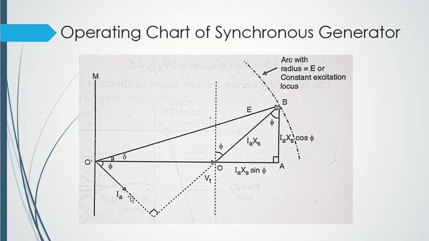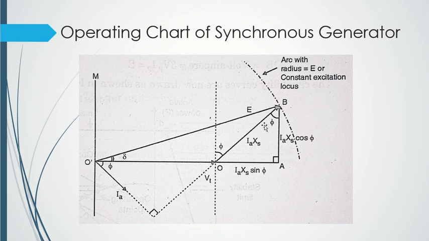So we got the value of Ia into Xs, this vector. And what did we do? We simply put the tail of my Ia Xs vector right in front of the head of my Vt, and this becomes your Ia into Xs.